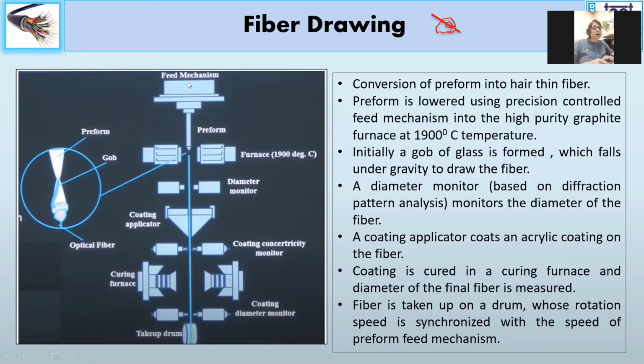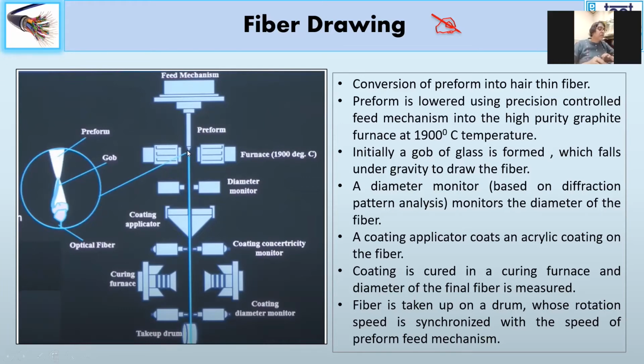Now, how do we do the fiber drawing? You saw that day that the preform is converted into a molten form and then dropped through a vertical furnace, right? You would see that the furnace was not horizontal, it was a vertical furnace where gravity was the main player to convert the thick preform rod into thin fibers.